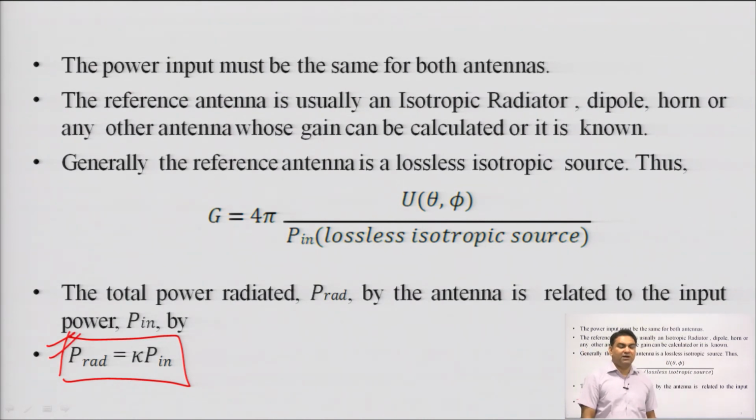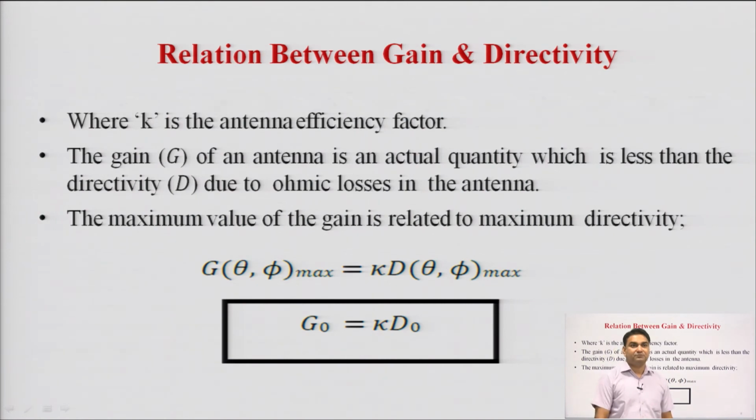What is the difference between the total radiated power and total input power? This is the difference of a very small factor which is known as the efficiency of an antenna, and this term K is defined as the efficiency of an antenna, which is given here. This K is the antenna efficiency factor, and the gain of an antenna is an actual quantity which is less than the directivity due to the ohmic losses in the antenna.